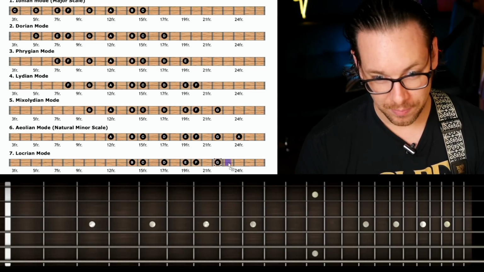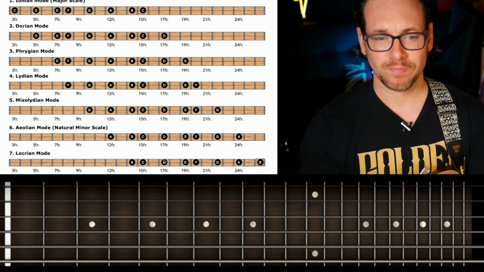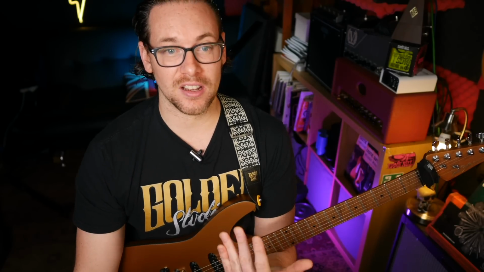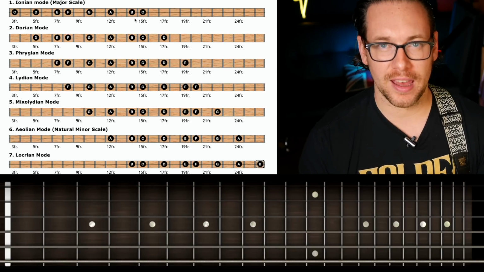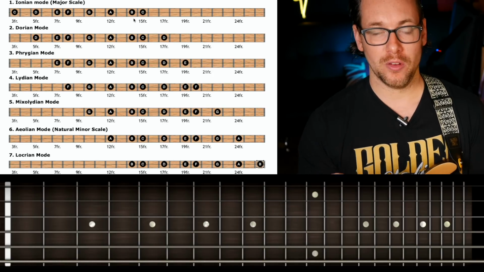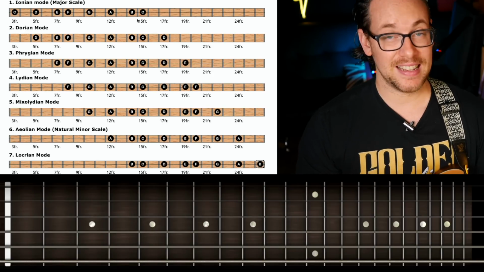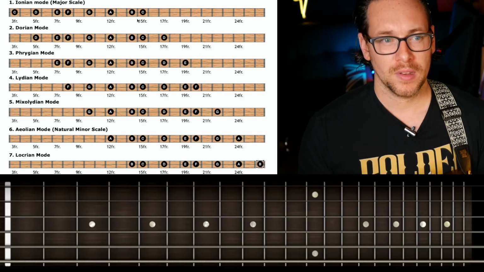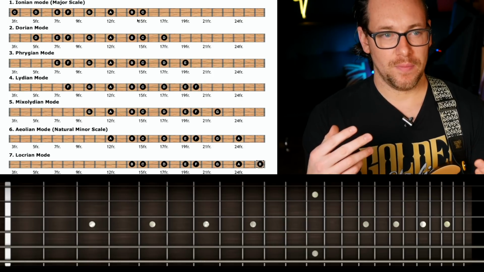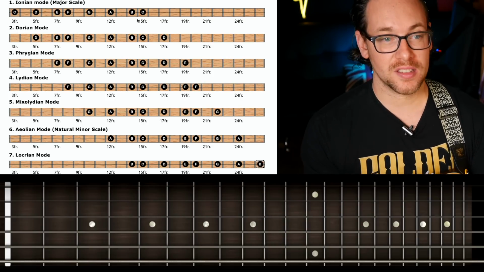Here we go, until we reach B. Okay, so there are our 7 modes on single strings. Notice all of these different scales have the same notes in terms of C, D, E, F, G, A, B, C. The only thing that's changing is the place we start the scale from.